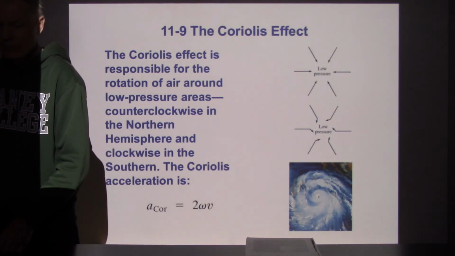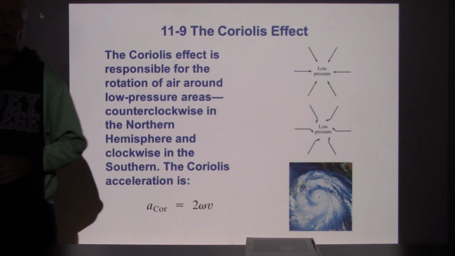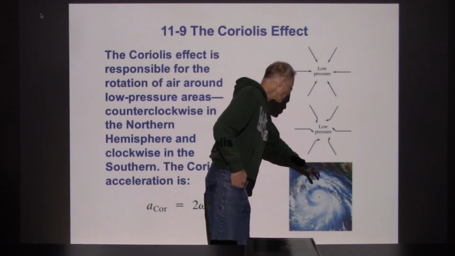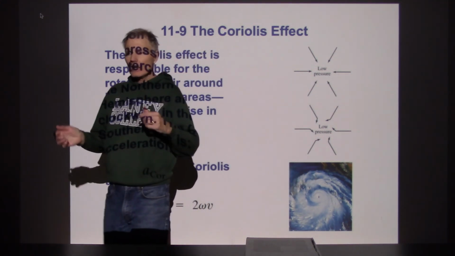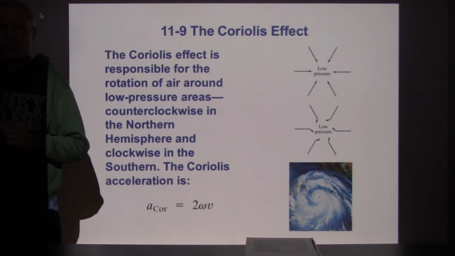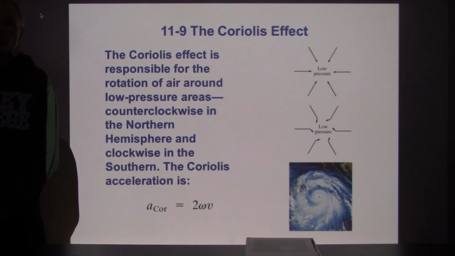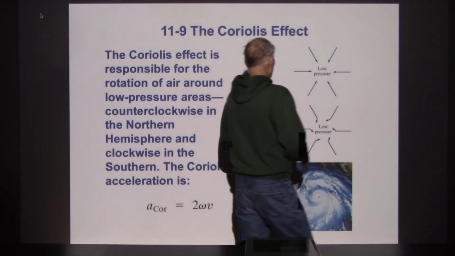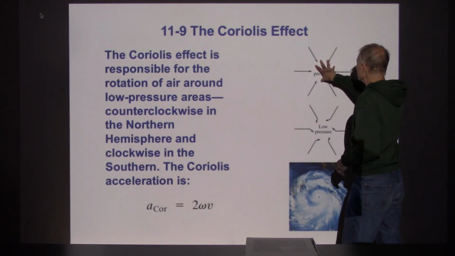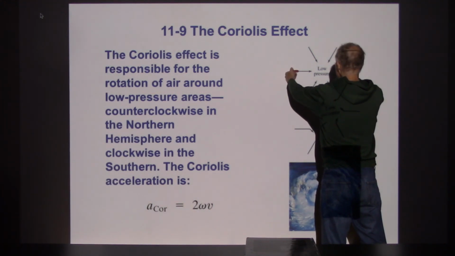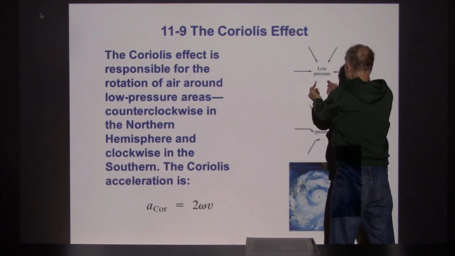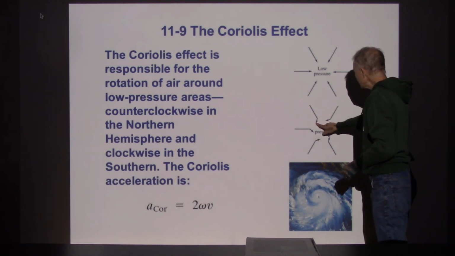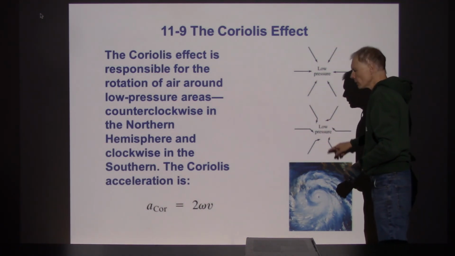Now, what does the Coriolis effect lead to? You've probably heard this in your physical science classes, that if you look at the formation of hurricanes and cyclones, in the northern hemisphere and the southern hemisphere, they rotate in opposite directions. And that has to do with the Coriolis effect. What they're showing is if we have a low pressure region, the atmosphere in those areas tends to get pushed into that region. But because of the Coriolis effect, they actually end up following curved paths.